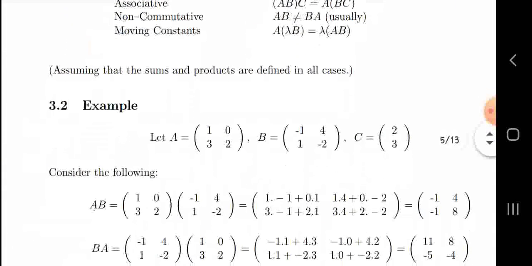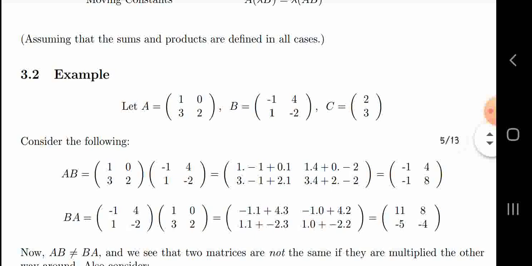So like that only you are doing some examples. So let A is equal to 1 comma 0, 3 comma 2, and B is equal to minus 1 comma 4, 1 comma minus 2. So the total it will be.